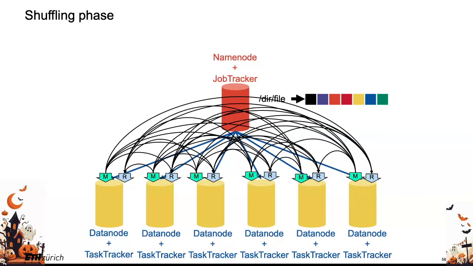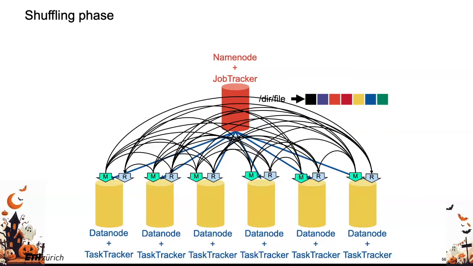Then comes the shuffling. So for the shuffling, you need to send over the network wires the intermediate key values, but they have to be at that point grouped by key, right? But since all the map slots kept the intermediate key values sorted by key, then it's straightforward to do, right?